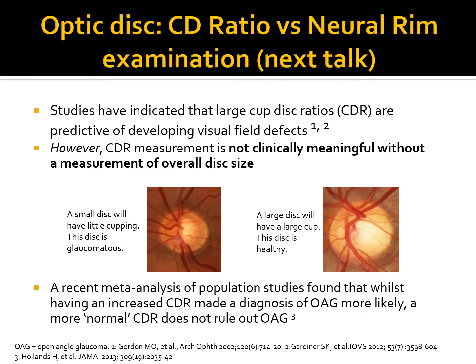Whereas if you've got a much smaller optic nerve, then it's all going to look a bit more crushed up. So sometimes you can get a CD ratio of like 0.7, but the neural rim might look perfectly healthy, and it just happens to be a big optic nerve.